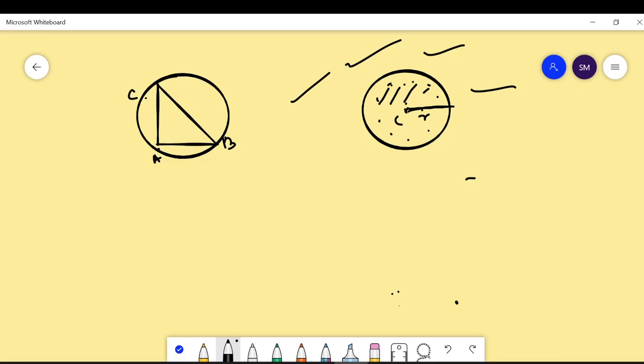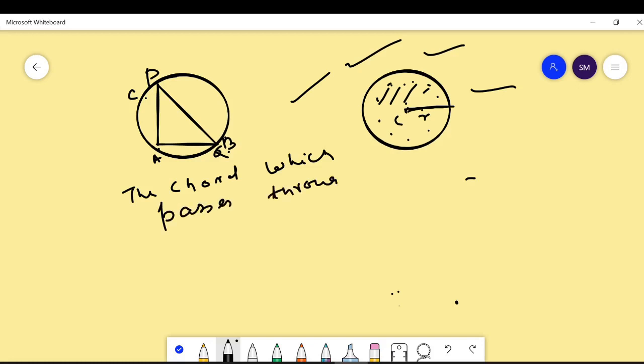Suppose this is P and this is Q. Then PQ is the chord which joins the points P and Q. The chord which passes through the center is called the diameter of the circle.